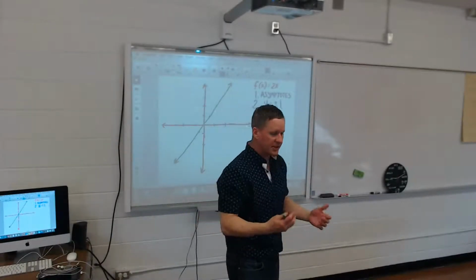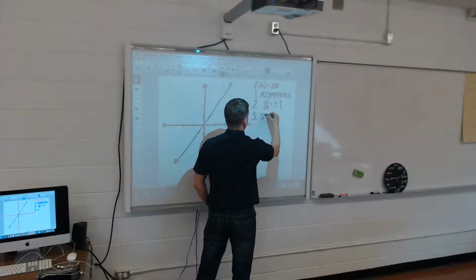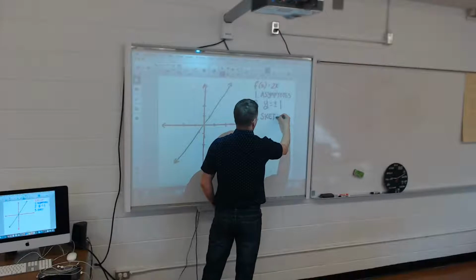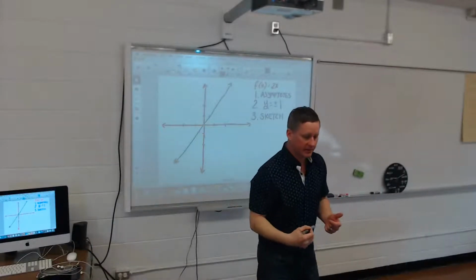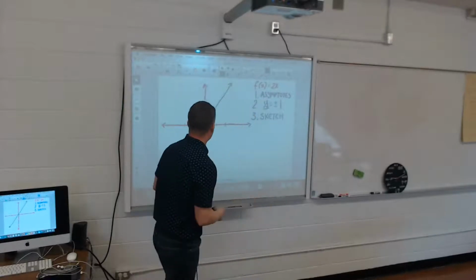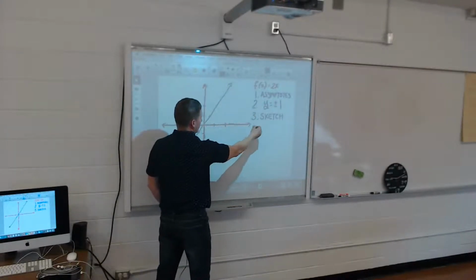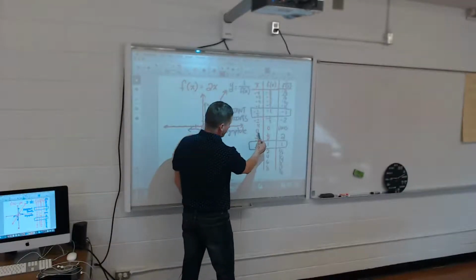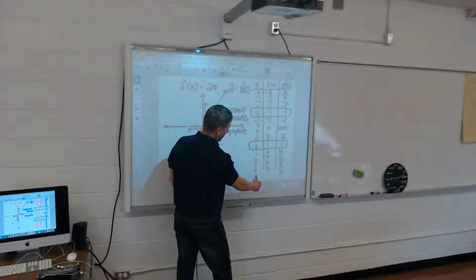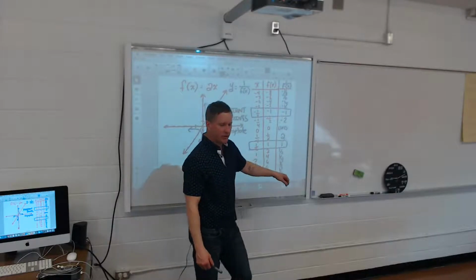Now, here's the game changer right here. I need to sketch it. Well, I need to explain the sketch to you so that this makes a great amount of sense. If I look at the x values going out this way, as they get larger, so 1, 2, 3, 4, what's happening to my y values in my new graph?